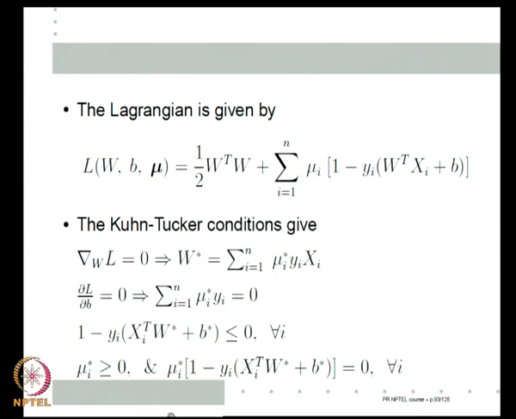So, mu I star into the constraint 1 minus y I into w star transpose x I plus b star should be equal to 0, and all mu I should be greater than or equal to 0. These are my Kuhn-Tucker conditions. Okay. So, w star is given by summation mu I star y I x I, and this is my complementary slackness condition.